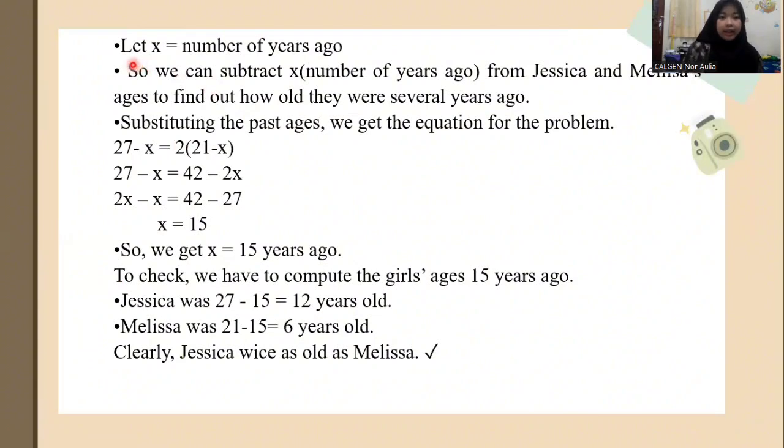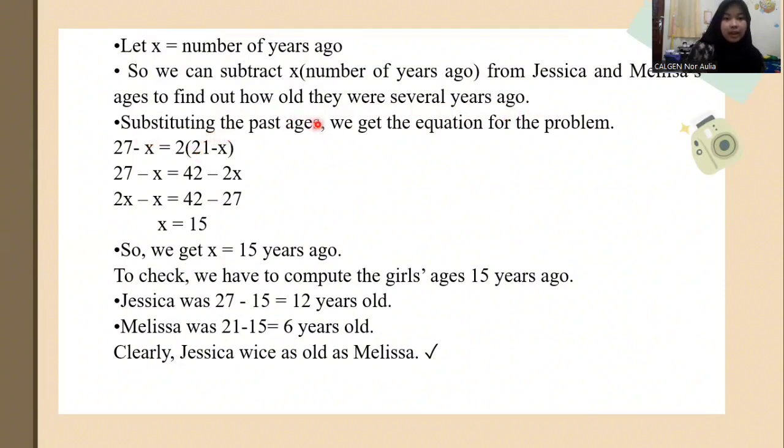Let x equal the number of years ago. So we can subtract x years from Jessica's and Melissa's ages to find out how old they were several years ago.